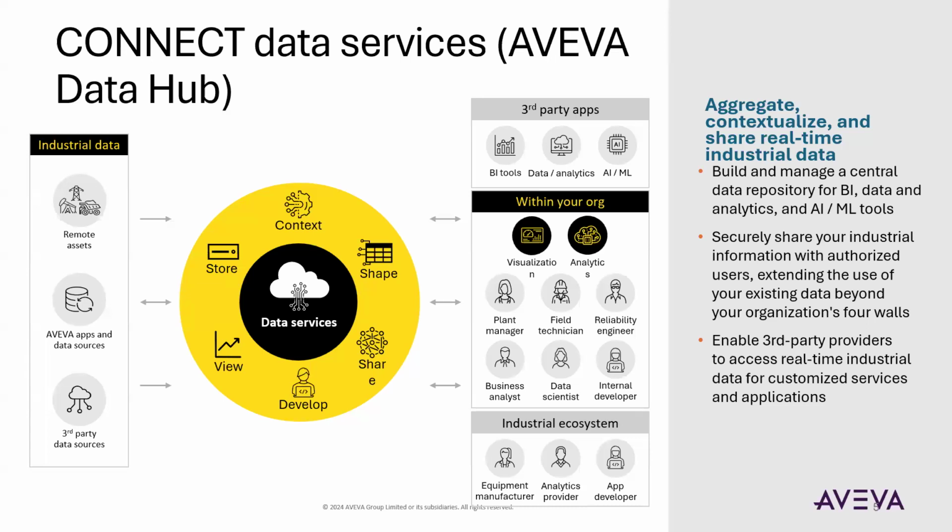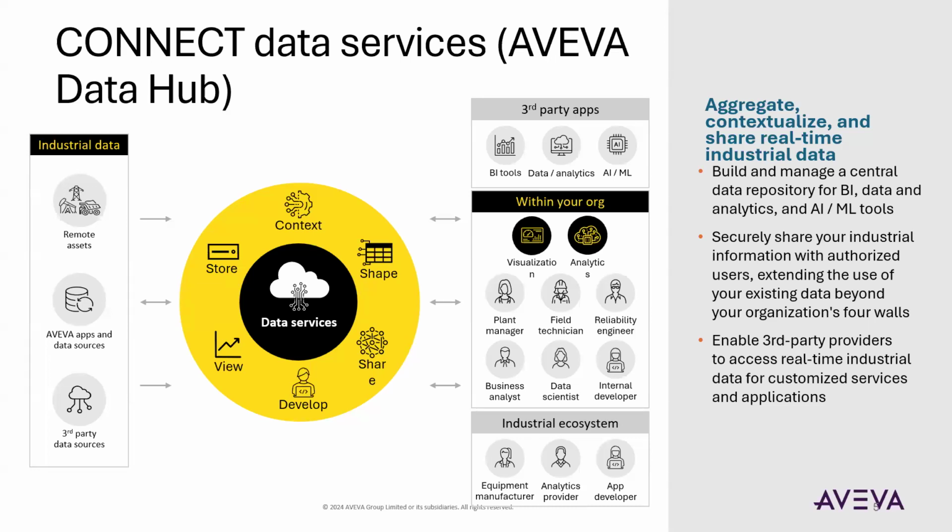Because Connect, at the end of the day, is a neutral platform for all kinds of industrial data, not just the Aveva data. This platform is really built to handle any kind of industrial data, sequential data, no matter what it's coming from. Once your data is shared to Connect, you execute the data services shown in the middle there in this yellow circle, or merge it with metadata information, whatever makes sense to you.